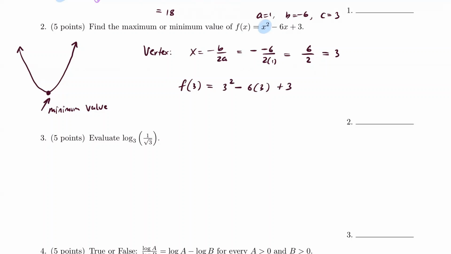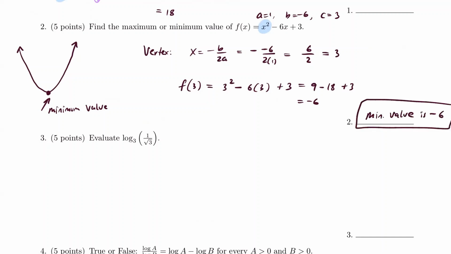Evaluating, 3 squared is 9, minus 6 times 3 is 18, plus 3. Now we can add them up: 9 plus 3 gives us 12, and then we subtract away 18, which gives us negative 6. So the minimum value is negative 6. Value meaning you want the y-coordinate only, not the x-coordinate. It occurs at 3, but the value is negative 6.